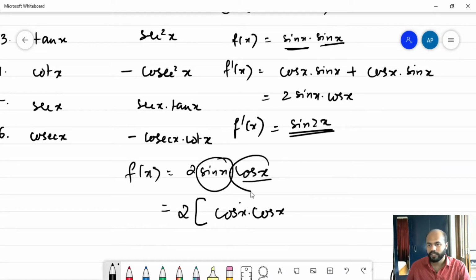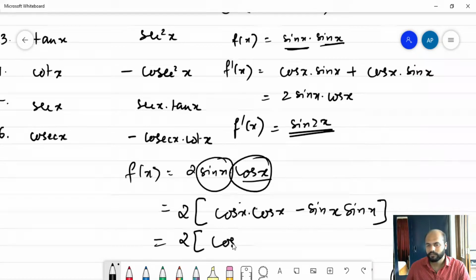Second, we take the derivative of cos x, that is minus sin x, and keep this sin x as it is. So altogether what we get is 2 times cos square x minus sin square x. Cos square x minus sin square x, as you know, is cos 2x. So it is 2 cos 2x. That is the final answer of this question.